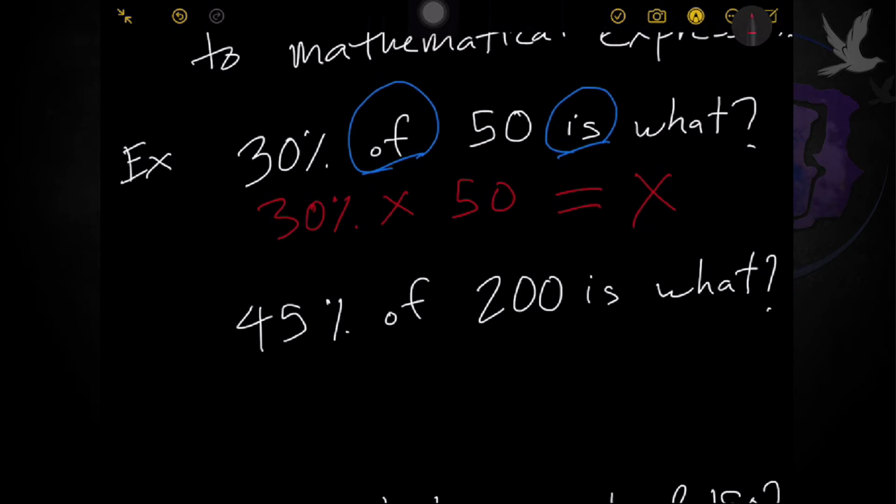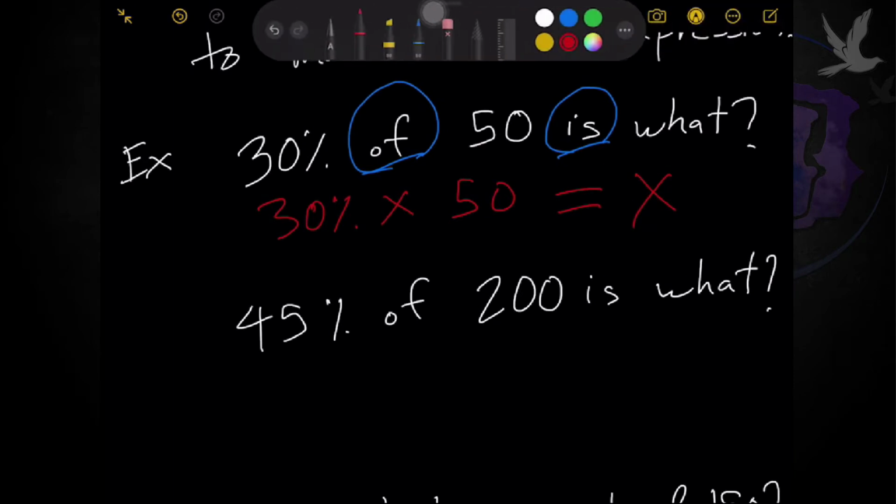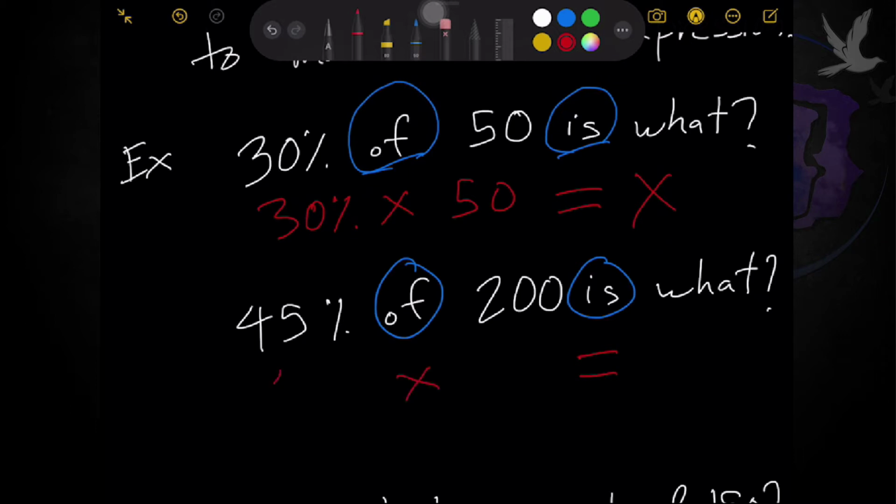45% of 200. Again, we have our clue words here, of and is. Where is is equivalent to equals and of is equivalent to times. Rewriting the components, we have 45% times 200 is what? Or in this case is unknown. Okay?